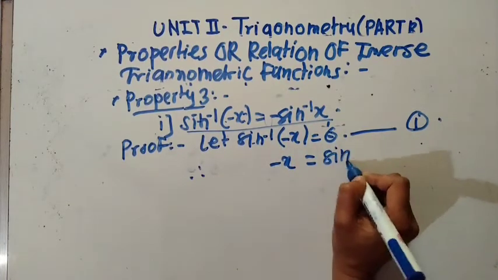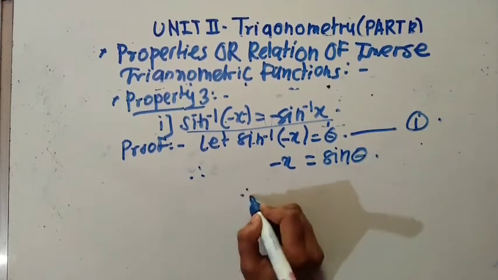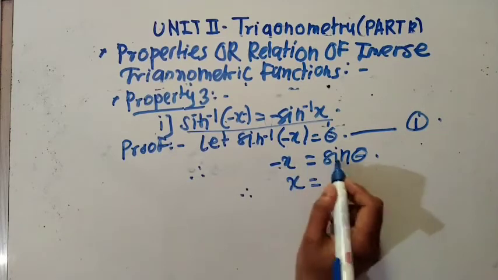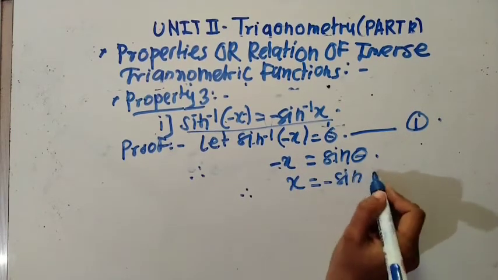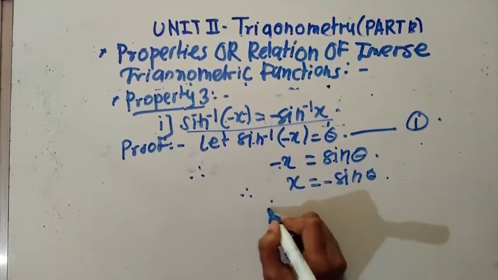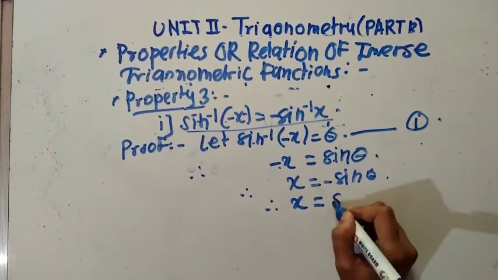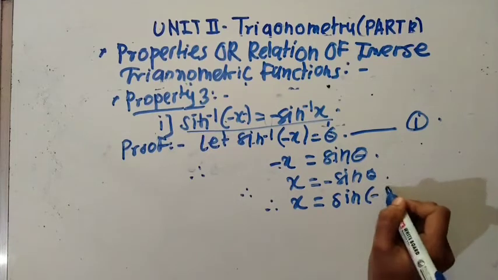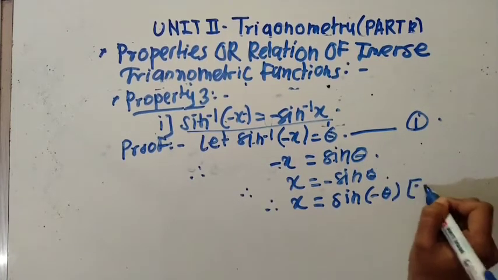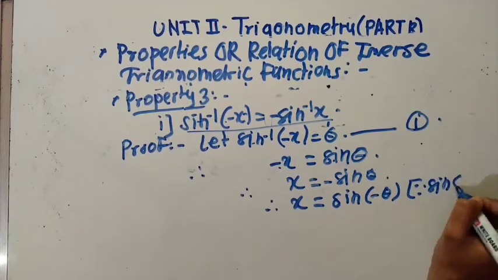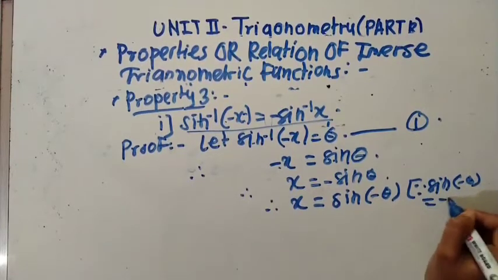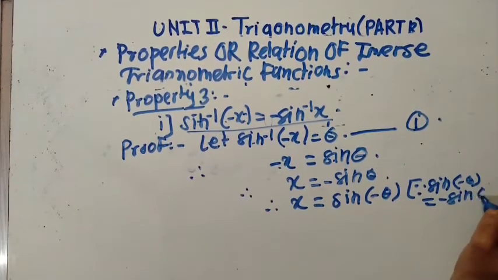When the inverse goes, it becomes sin theta. So x is equal to minus sin theta. But minus sin theta is sin of minus theta, since sin of minus theta is equal to minus sin theta.